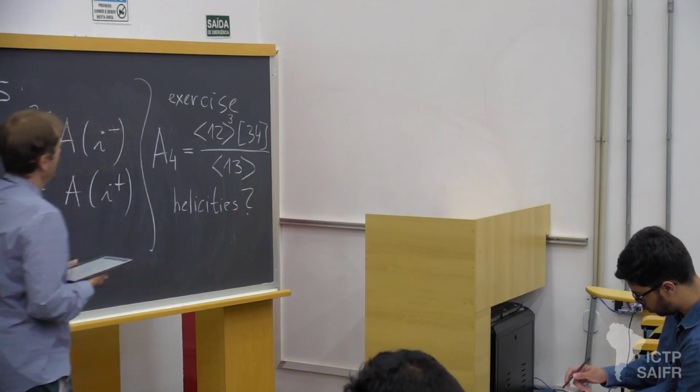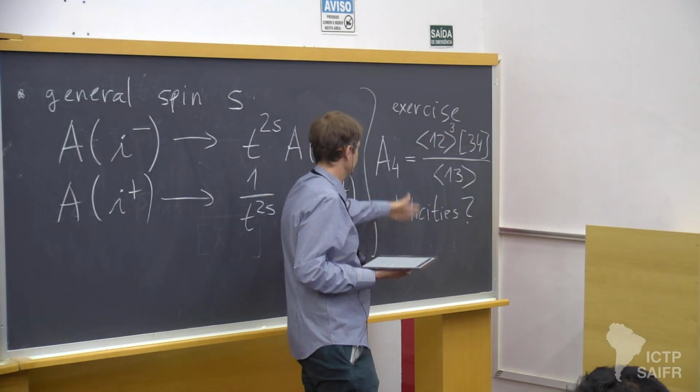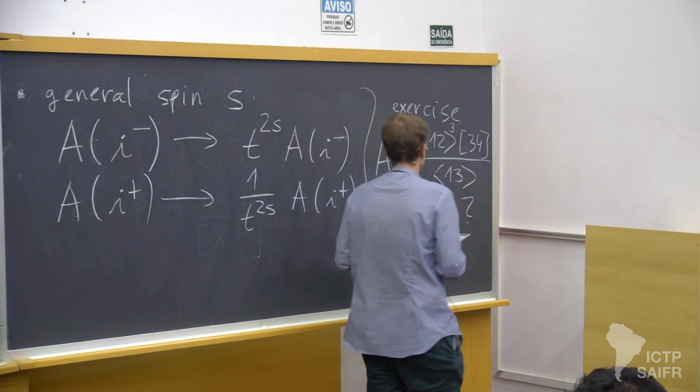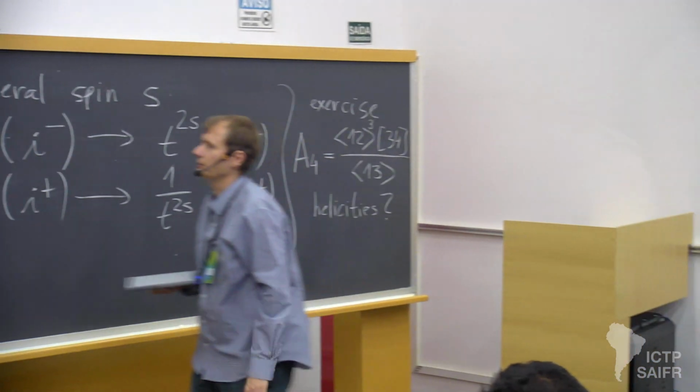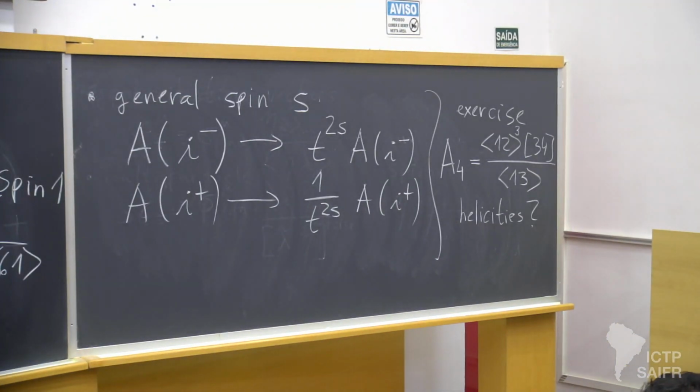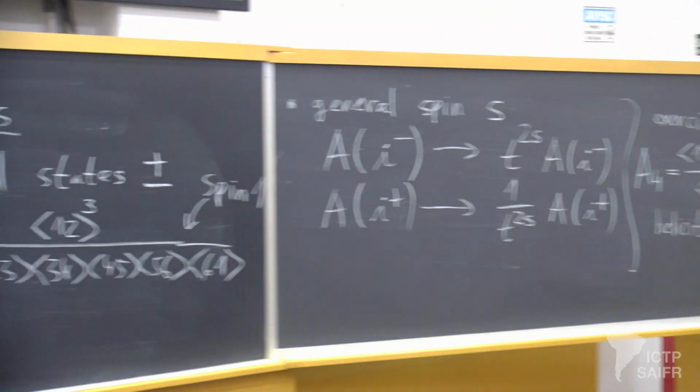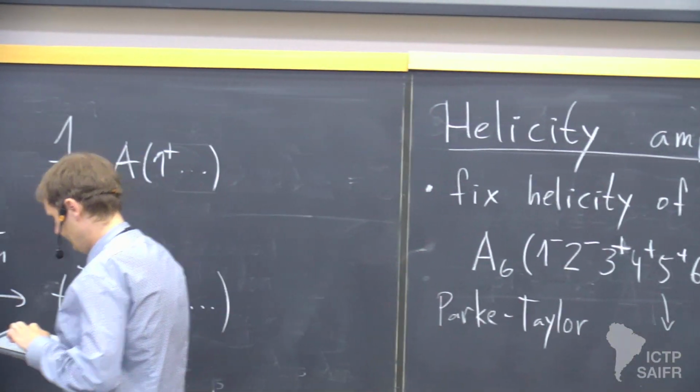So what are the spins or helicities for particles 1, 2, 3, 4? You just look at how the amplitude must transform, and from that you can quickly learn it.